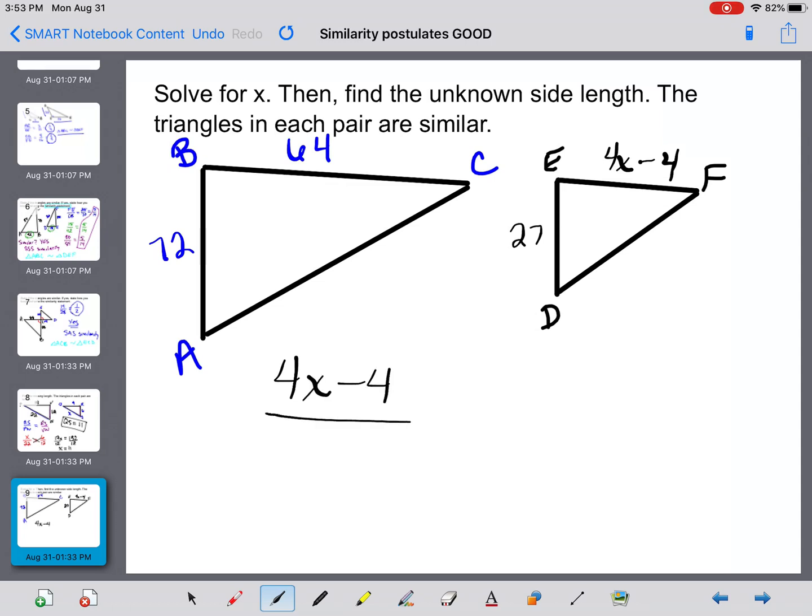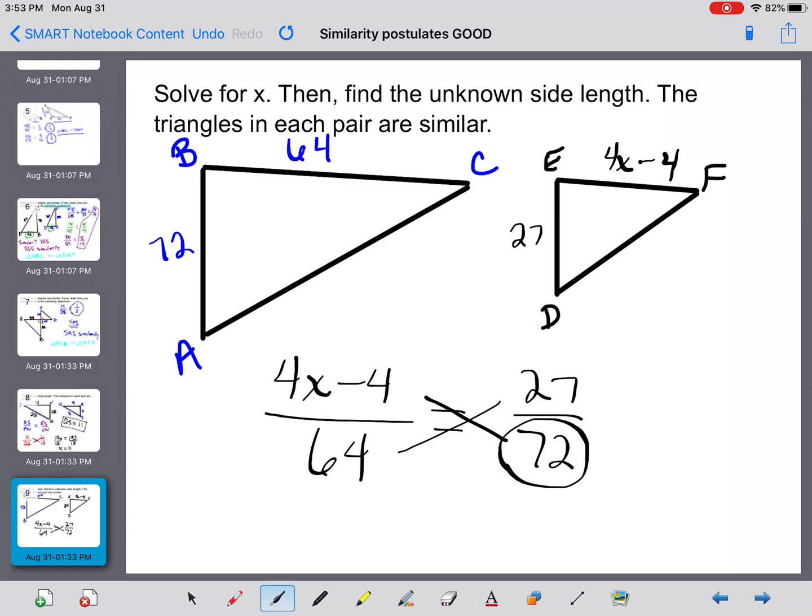So EF is proportional to BC. So that'd be over 64. And then we can use ED, that'd be our 27 over 72.